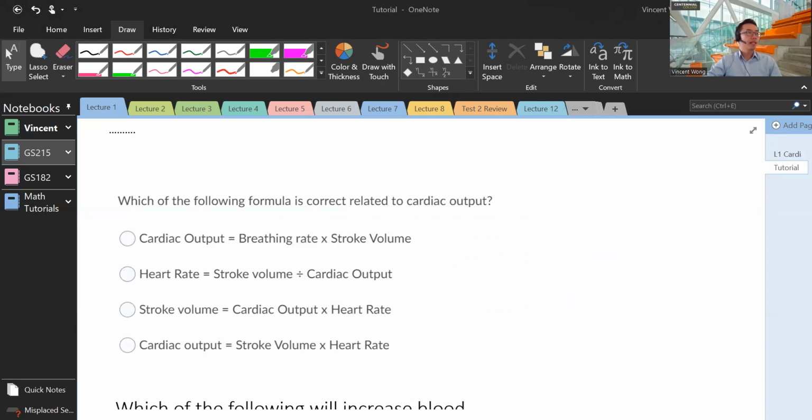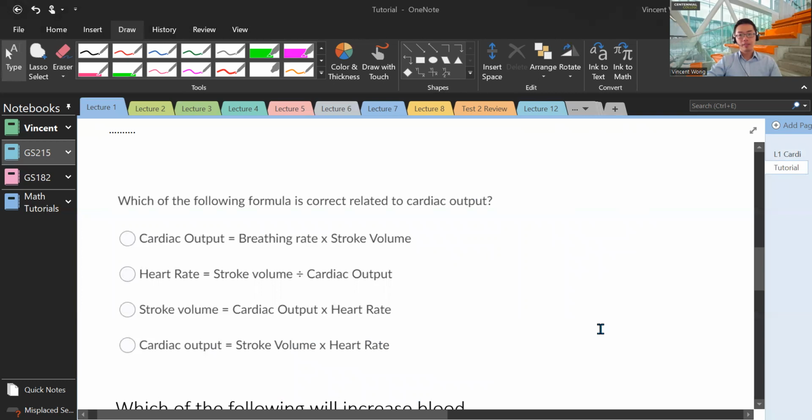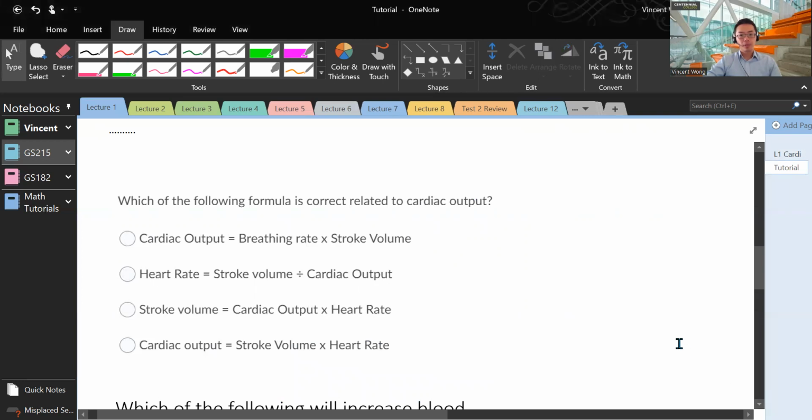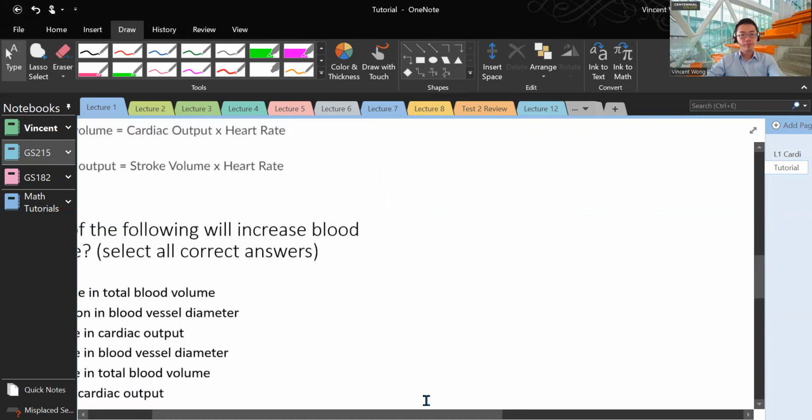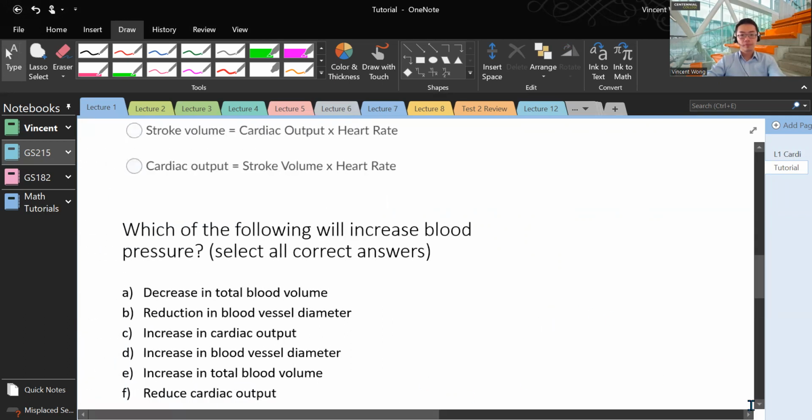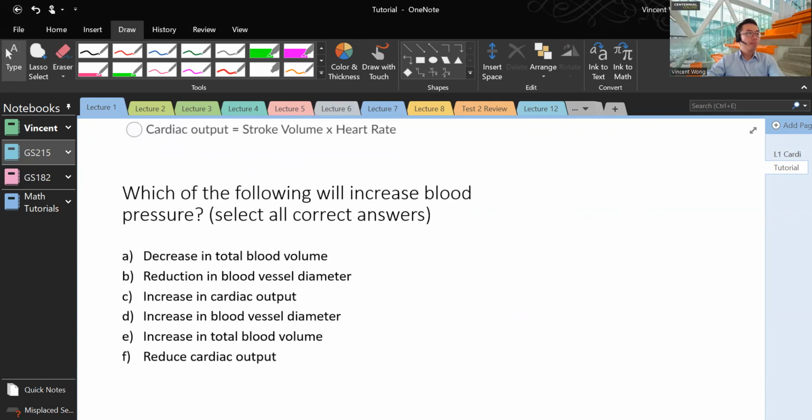Yeah, okay, I'm going to end it early. All of you who answered got it right. Cardiac output is stroke volume times heart rate. Very good. Okay, what about this one? This is multi-select.